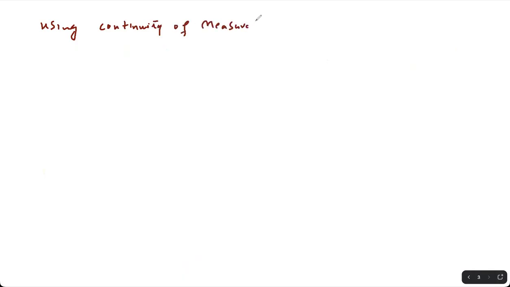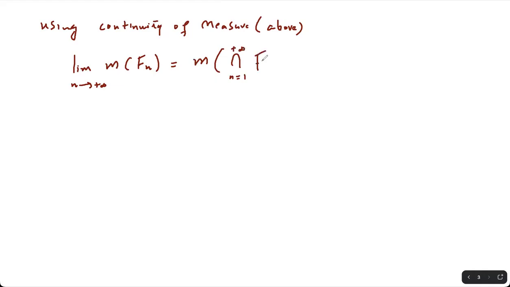So you will get that the limit as n approaches plus infinity of measure of Fn is exactly equal to the measure of the intersection for n is equal to 1 to plus infinity of Fn.